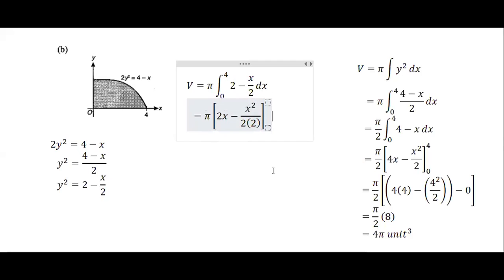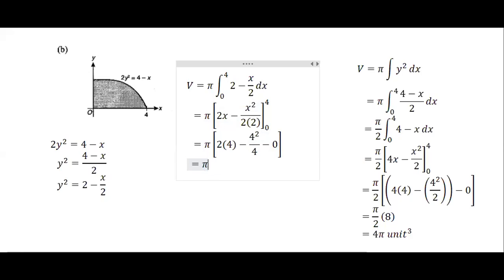Okay, so here I put in 0 to 4. Here, pi, this one I can substitute in the 4. So 2 times 4 minus 4 square over 4. Then 2 times 2 is 4. And then minus 0, because it's 0 already. I put in minus 0.